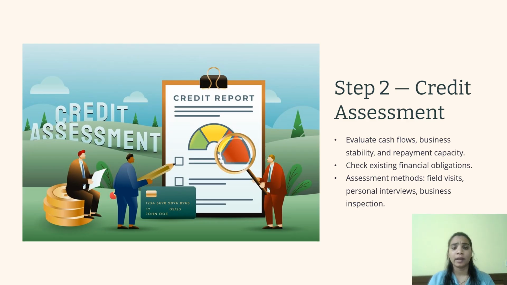They also review any existing financial obligations to ensure that the borrower is not over-leveraged. This assessment is usually conducted through field visits, personal interviews, and inspection of the borrower's business activities to gain a realistic understanding of income generation and financial behavior. So we need to verify and cross-check also.